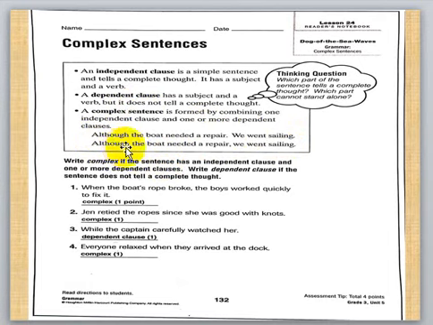Like this: although the boat needed a repair, comma, we went sailing. How many sentences are here? Only one, because we have one full stop. This long sentence is called a complex sentence. Why is it a complex sentence? Because it has two clauses.